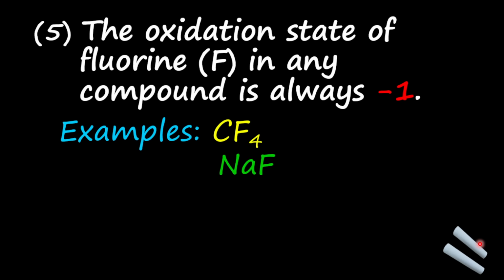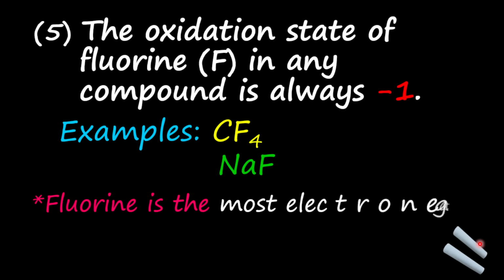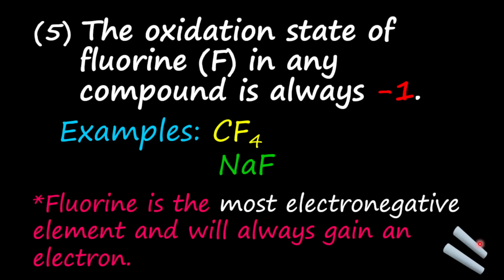We have an example here, like CF4. Fluorine will pull electrons to itself because it's more electronegative, and always gains that single electron from the element. In CF4, fluorine will pull electrons from C. If you follow the rule, the oxidation state of fluorine is -4 in total, because there are 4 of them.